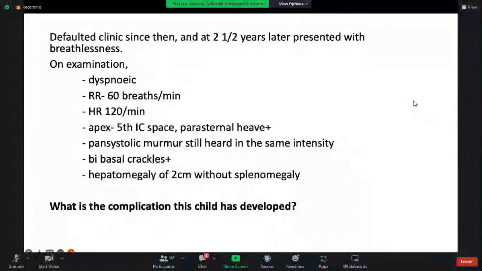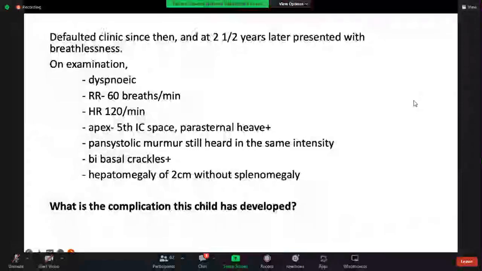Madam, congestive cardiac failure because he has bibasal crepitations and hepatomegaly is there. Okay, good. So what happened was they had defaulted the clinic, and then 2.5 years later, their child is presenting with congestive heart failure.